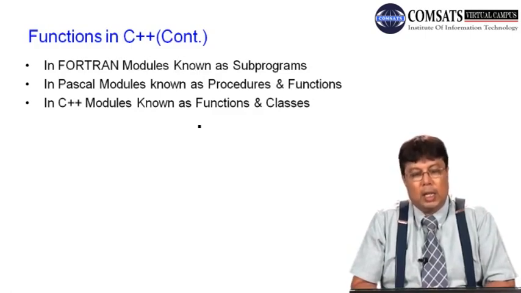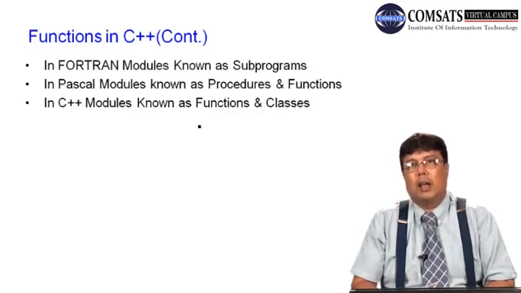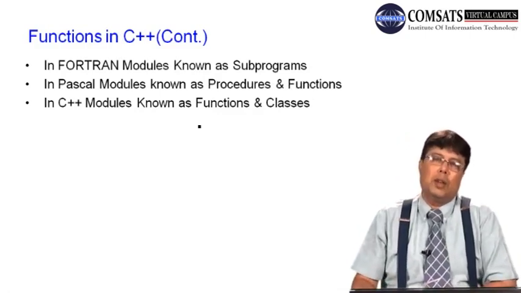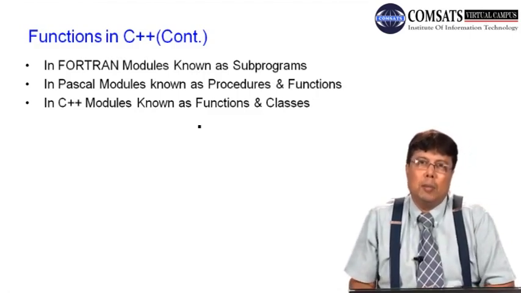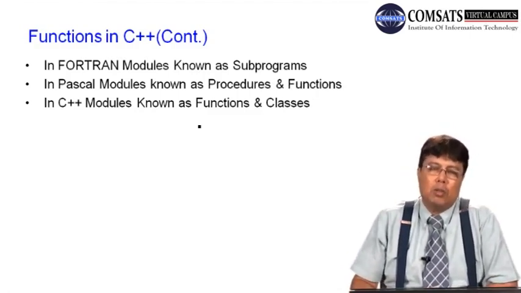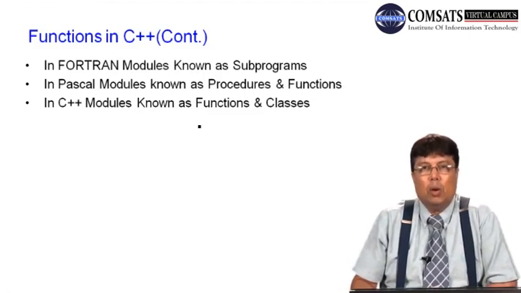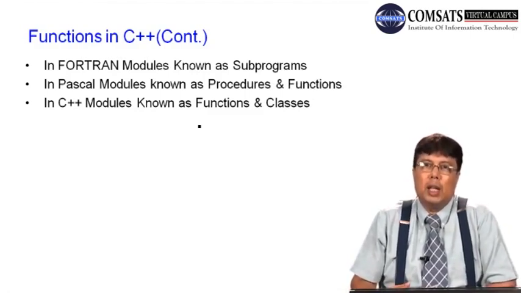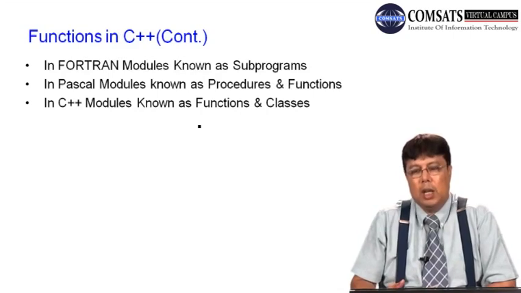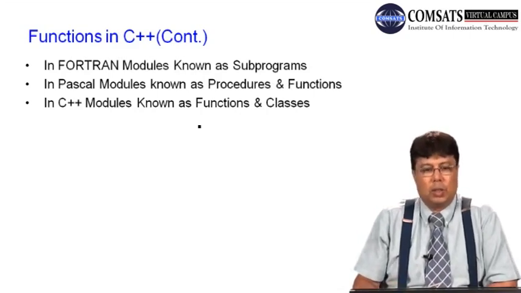And in C++, these modules are called functions and classes. अभी हम अपनी तवज्जो सिर्फ functions तक ही महदूद रखेंगे, and later on we'll talk about the classes. So functions के different नाम हो सकते हैं: sub-programs, subroutines, procedures or functions.